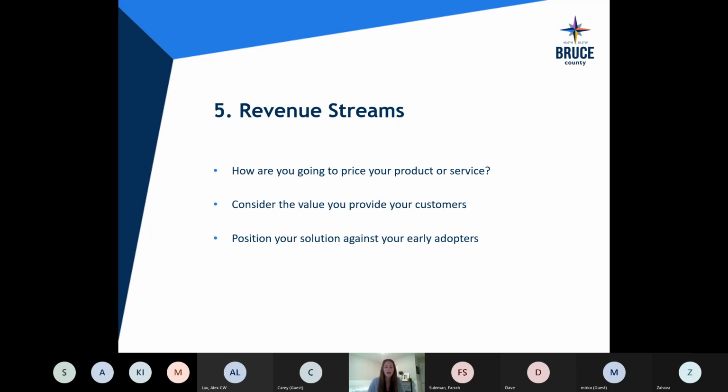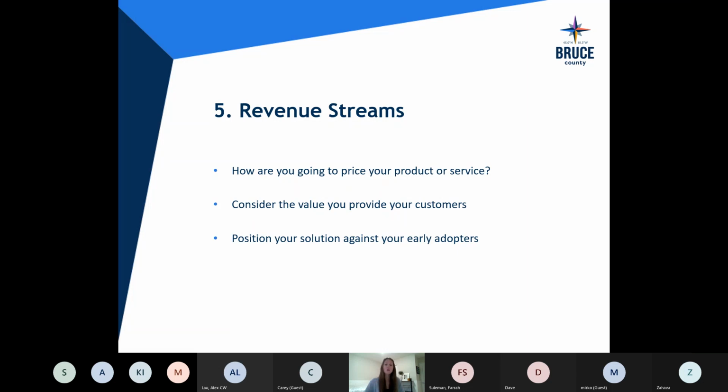So when we think about how we're pricing our products, we say value-based. Customers pay for the value you supply them. Also consider that customers compare your prices based on their existing alternatives. The competition you've identified in the problem section, that's what they're already paying.